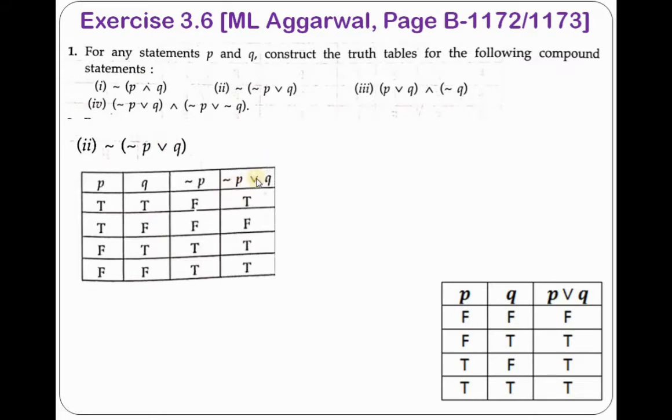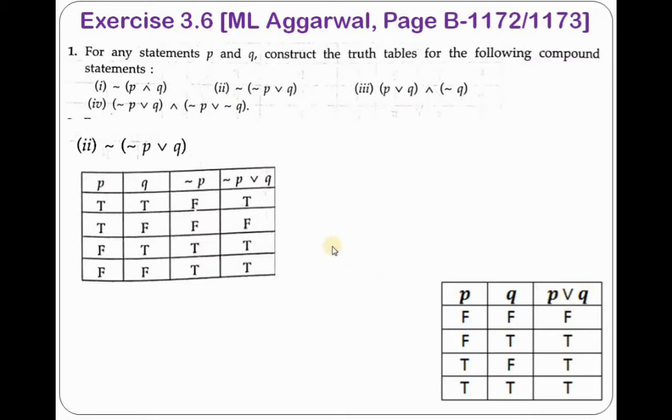I have written negation P or Q. As you know, F or T gives you T. Next you have F or F, which gives you F, so that's why you have F out here. Now you have T or T, which gives you T, and T or F gives you T. So in other words, only when you have two F's do you get F. Otherwise, you get T in case of OR.